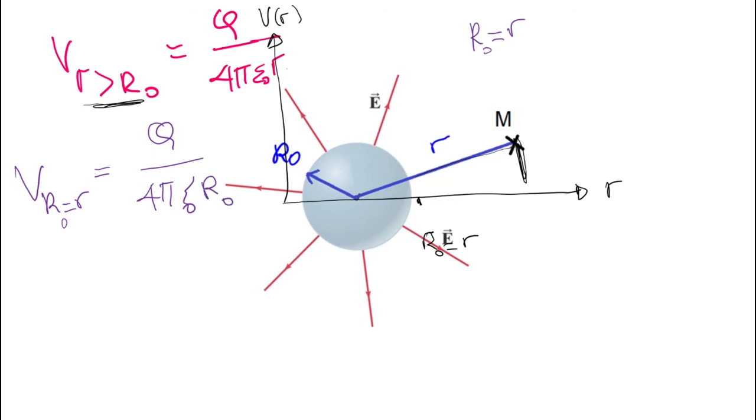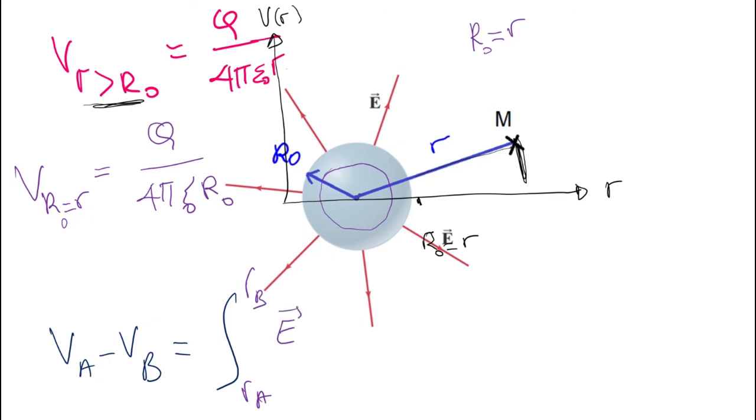Now, when r is less than R0, meaning if we are in this zone, when we want to find the electric potential difference between two points, A and B, it will be the integral from rA to rB of E dl. This is by definition.